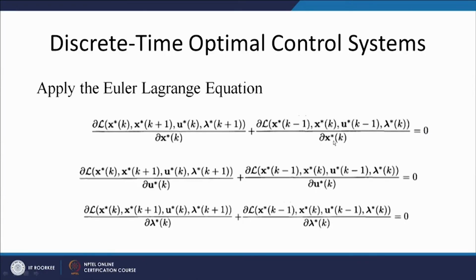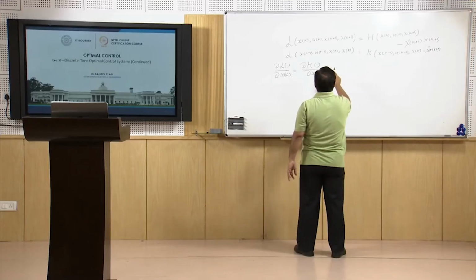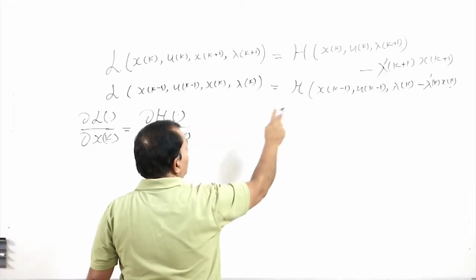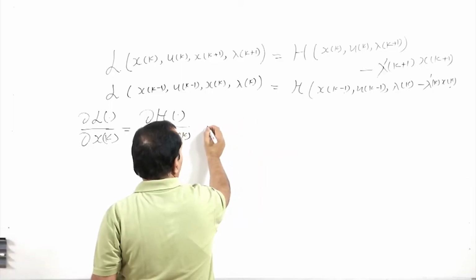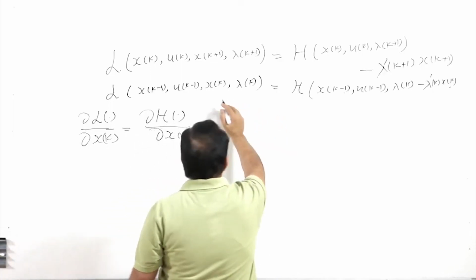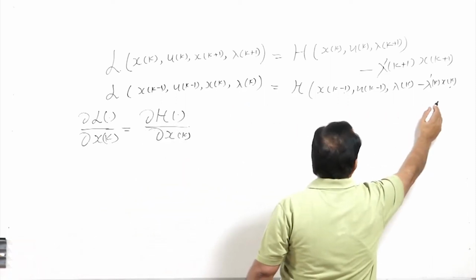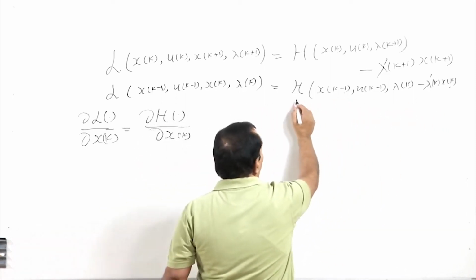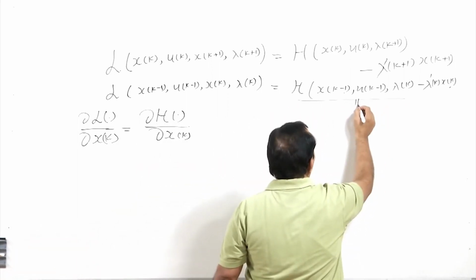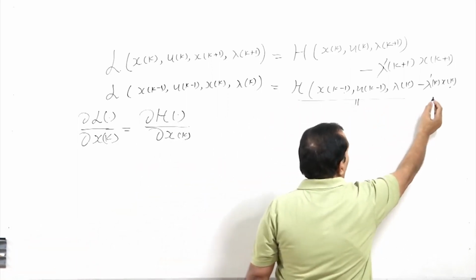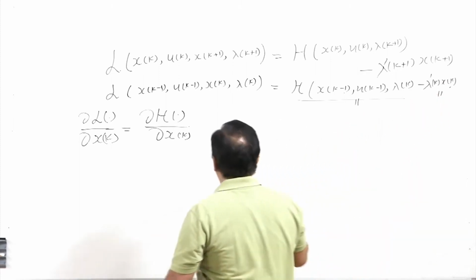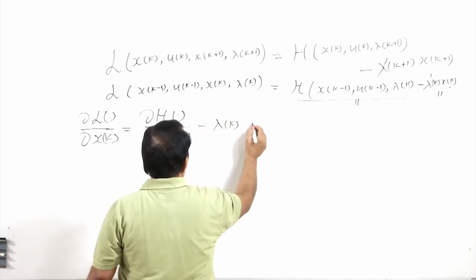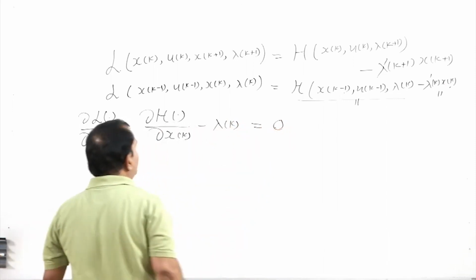So, naturally only the x k term will appear. So, with this second term we are getting only lambda k. So, this will give me 0 and this gives me only minus lambda k.